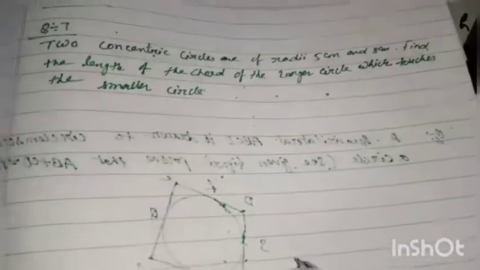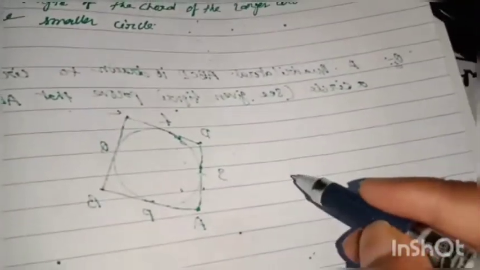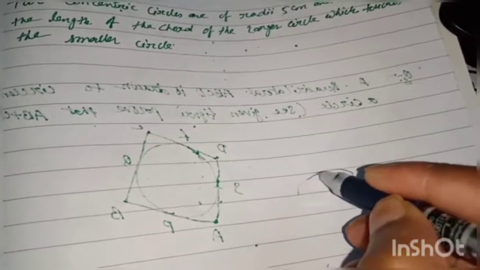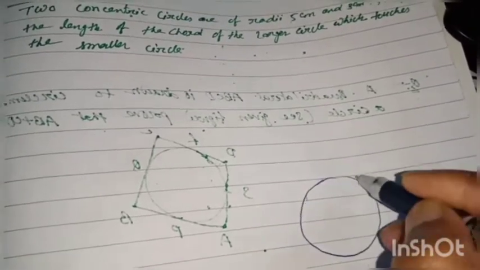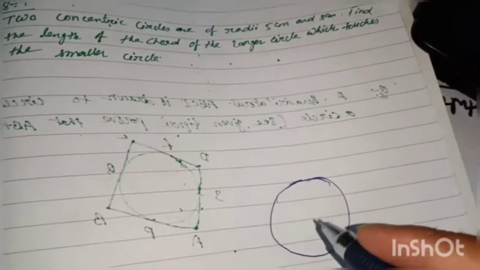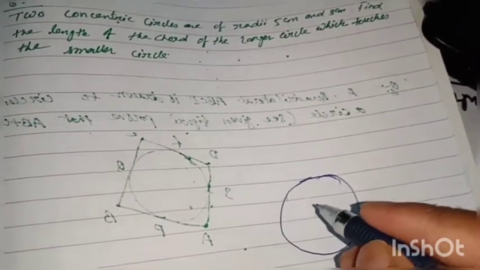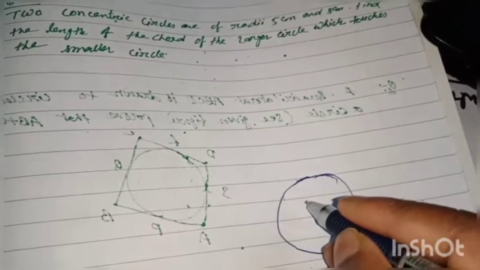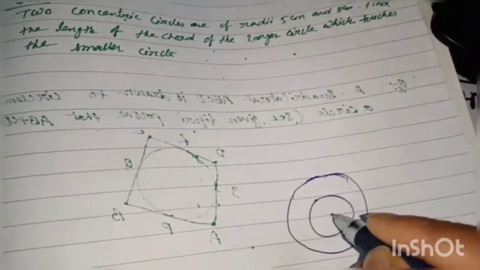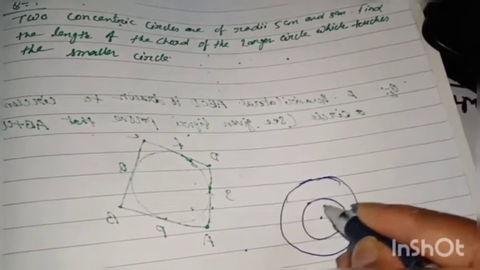See, two concentric circles, one radius is 5, another is 3. When you draw a circle, please use compass and pencil. These are two circles.